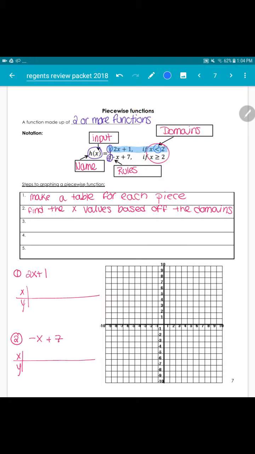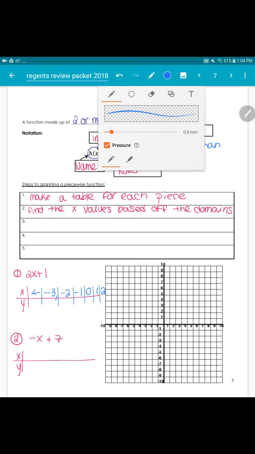Remember, this symbol means less than. So that means my x values are going to be negative 3, negative 2, negative 1, 0, 1, all numbers smaller than 2. Because that's what less than means.